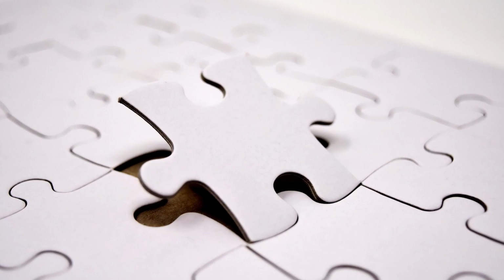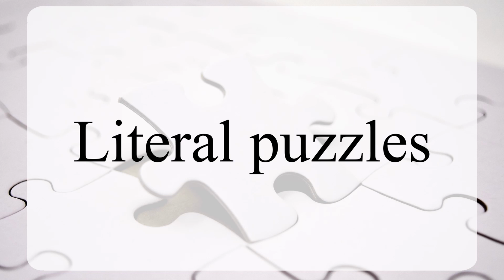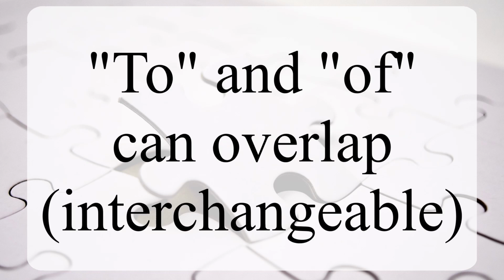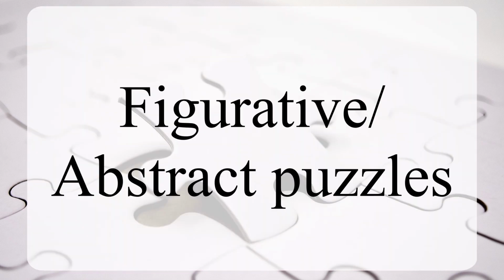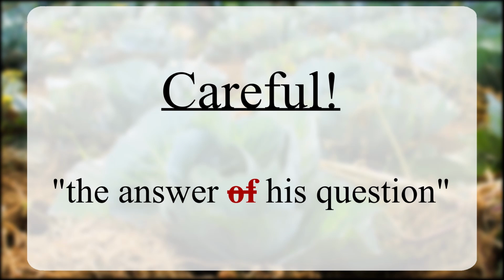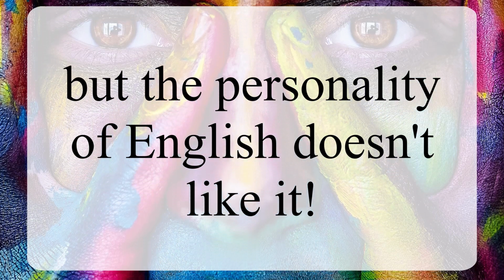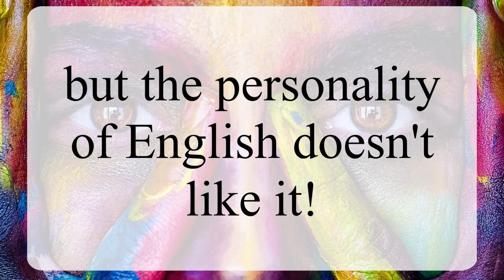If we talk about puzzles specifically, these two prepositions can overlap and can be interchangeable. But if we just have the idea of puzzle pieces, then they usually just touch. So we do not say, what's the answer of his question? The logic definitely works, but unfortunately, English doesn't allow the preposition of to be used here.